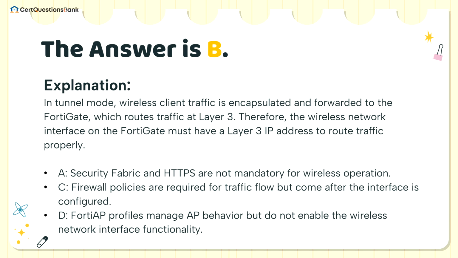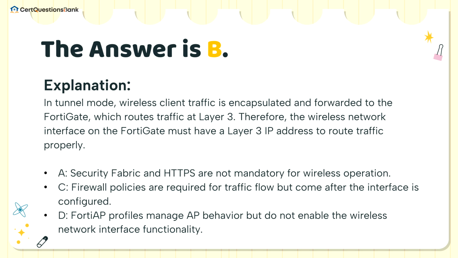In tunnel mode, wireless client traffic is encapsulated and forwarded to the FortiGate, which routes traffic at Layer 3. Therefore, the wireless network interface on the FortiGate must have a Layer 3 IP address to route traffic properly.